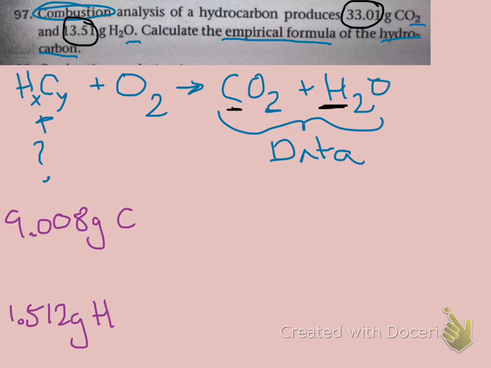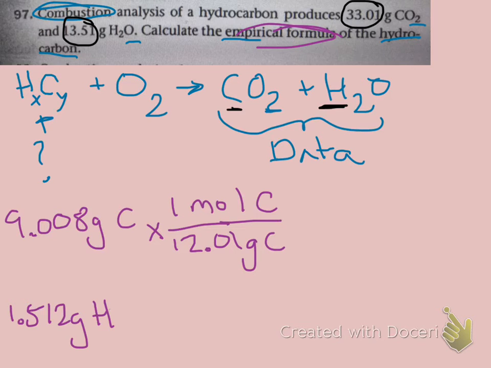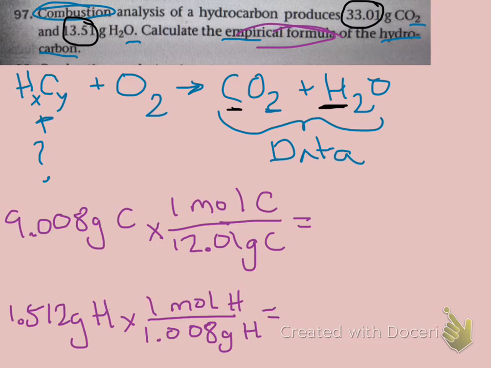Our goal is to find, again, the empirical formula. So that means that we need to find our mole ratio between carbon and hydrogen. We're going to take our grams of carbon and convert them into moles of carbon. For every mole of carbon, there's 12.01 grams of carbon, directly from the periodic table. And for every mole of hydrogen, there is 1.008 grams of hydrogen.